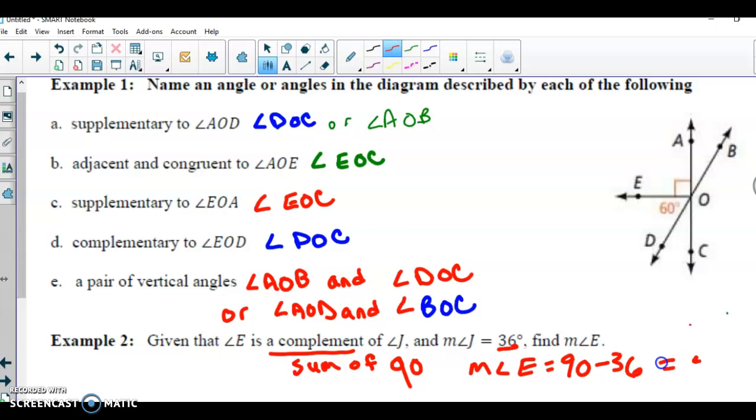And that is 54 degrees. Because if they're going to be complementary, complements of one another, they have to have a sum of 90. Alright, I'm going to pause there and stop this video, and we'll do the second page in the next video.